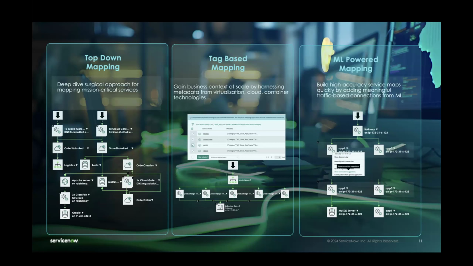Like any other solution, we offer multiple paths to achieve your goal. The product started with the top-down mapping, where you can add an entry point. From the load balancer, the discovery starts and finds the VIPs and looks for the next hop, finds the web tier architecture, looks for config files and connection strings. So we can build a map from the top down where the discovery technology can find those relationships.